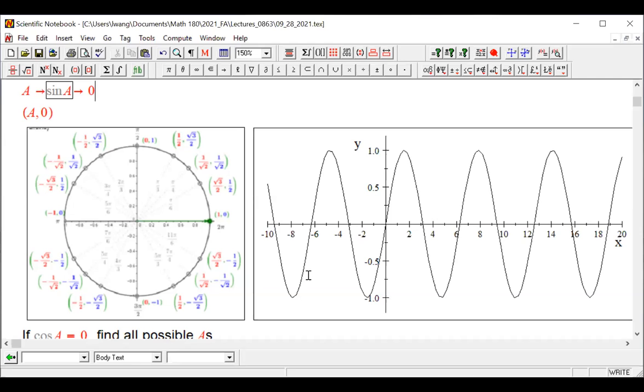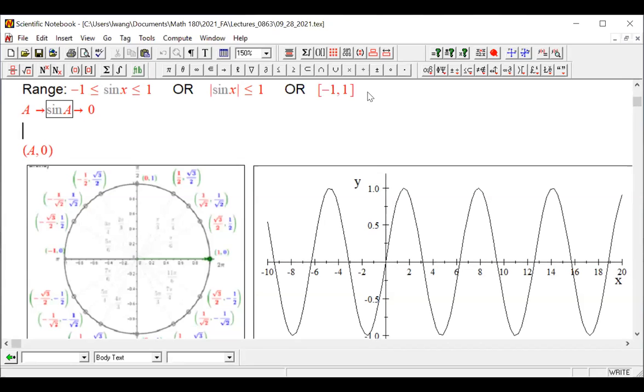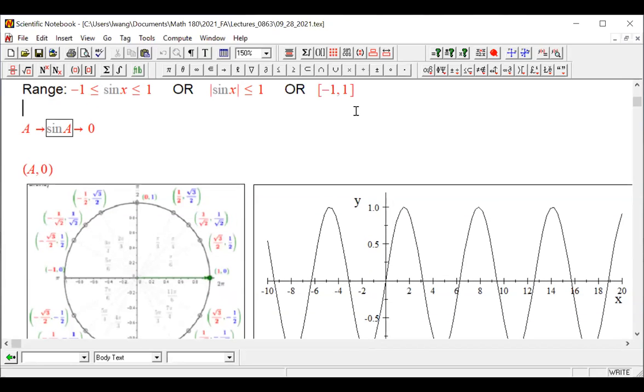So what is the question at hand when we're trying to find the x-intercept for sine? Let's do this again. Find the x-intercept for sine. We know the output is 0, we don't know the input.